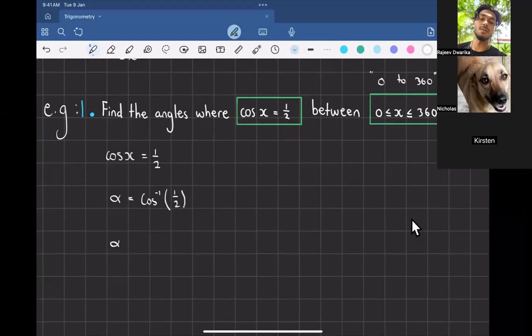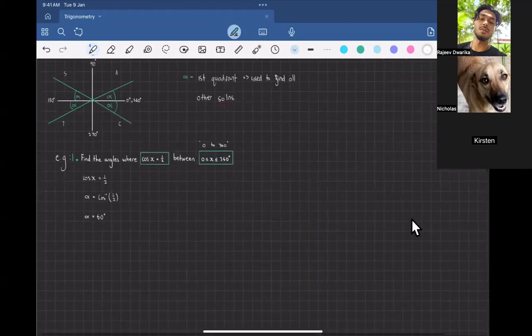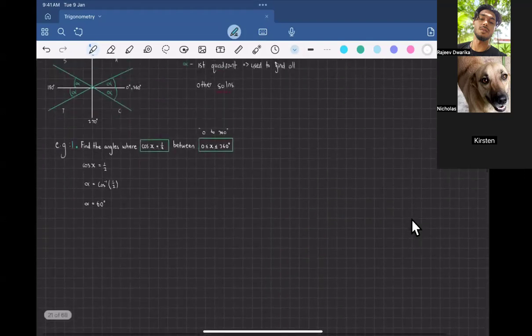What would the reference angle be? What is cos inverse of a half? Since we are working in degrees, make sure your calculator is in degrees. It is 60. Right.